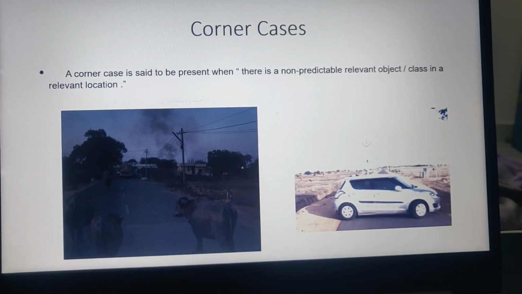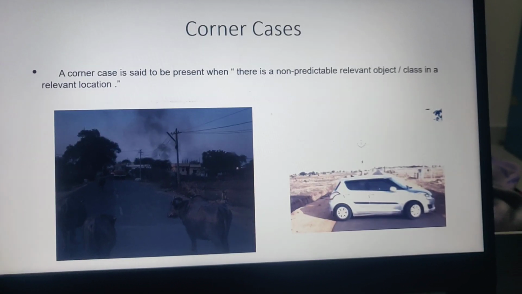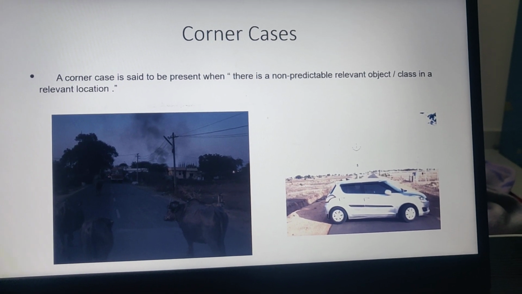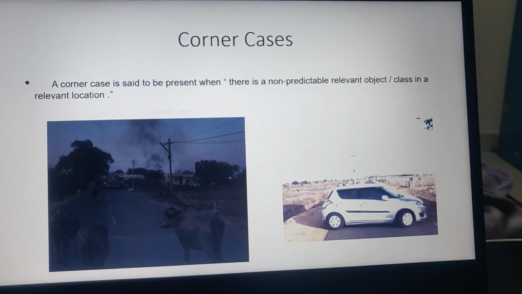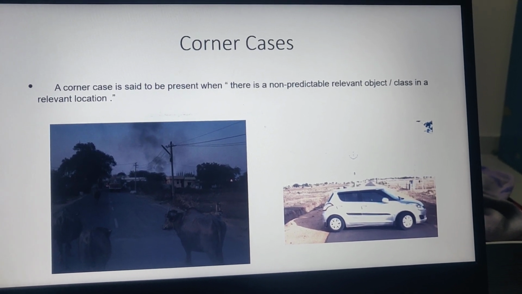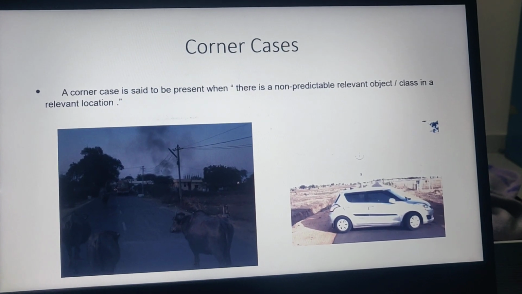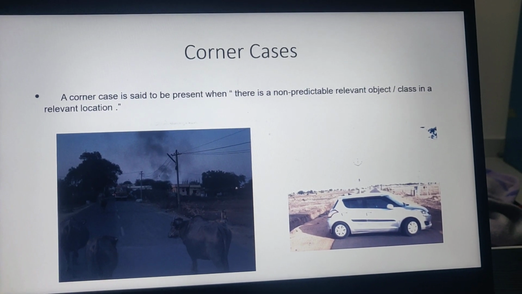What I did was work with the IDD dataset, which was created by the professors at IIIT Hyderabad itself, that is by Dr. C.V. Jawahar sir, along with some of the other professors who have created the Indian Driving Dataset, an official dataset that is available on the internet and can be accessed by anyone.